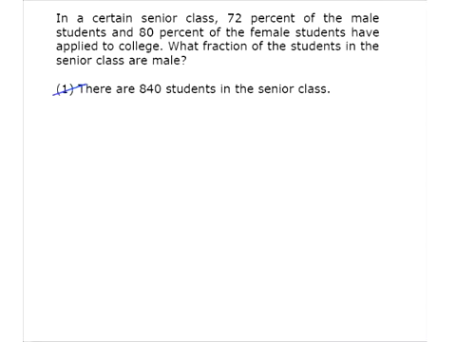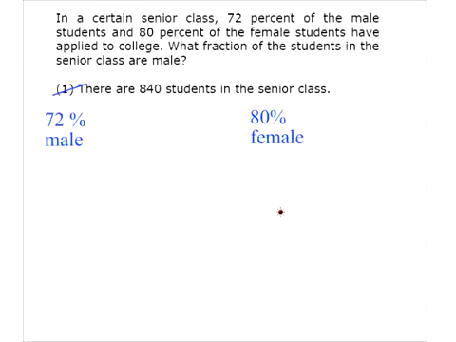If there were an equal number of males and females, then what would be the overall average of people who applied? It wouldn't be 50%. We're saying, 72% of the males in this student applied to college, 80% of the females applied to college.